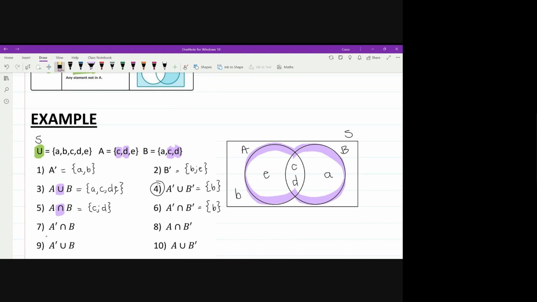The next one says not A and B, so everything that is not in A and in B. Let's think about what is not A. This is A. We want everything not in A and B. So what do we leave in this case?